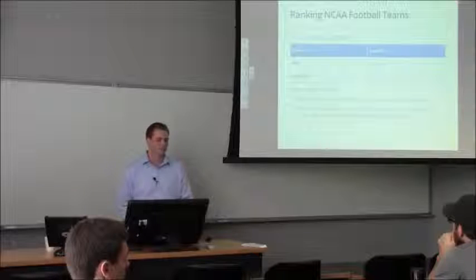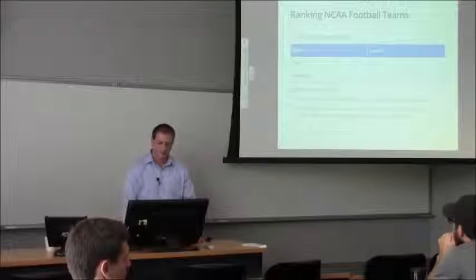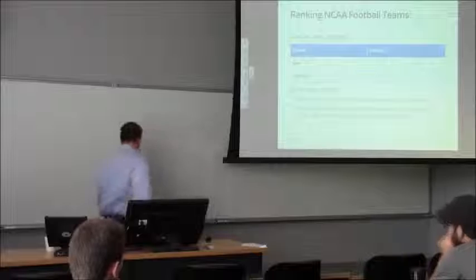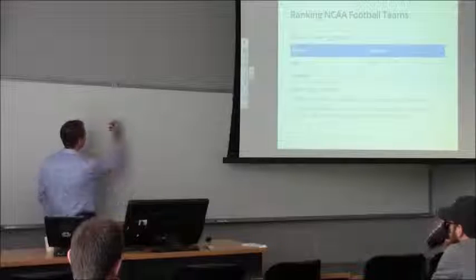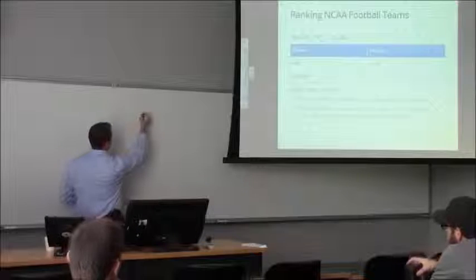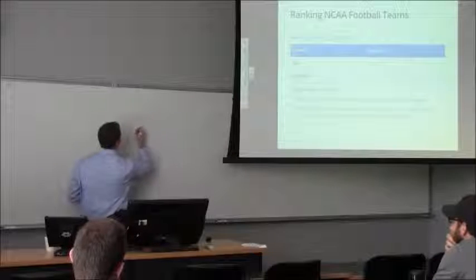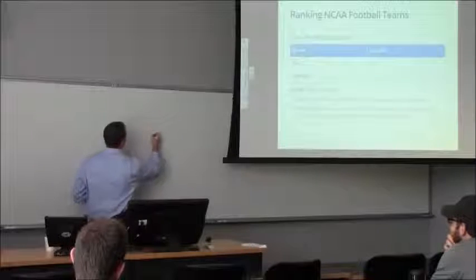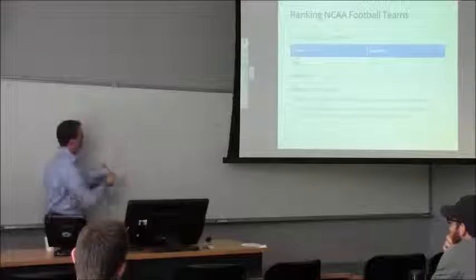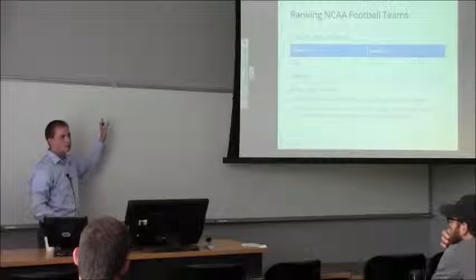Can you give a quick overview of what the Bradley Terry model is? Sure. So say you have theta_i, with i from 1 through n, so these would be 1 through 128.